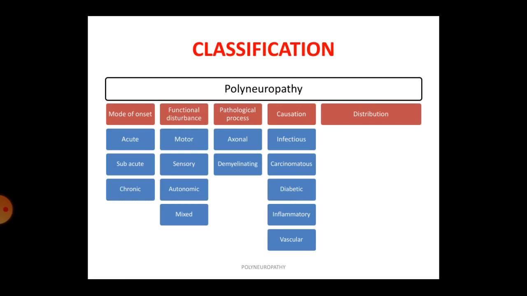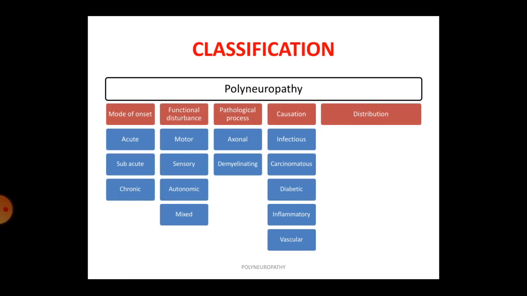Definitely if it is associated with diabetes, okay, it is diabetic neuropathy. Sometimes it is related to inflammation in the body like rheumatoid arthritis. Okay, so that is one type of inflammation. So if the neuropathy is associated with this type of inflammatory process, it is known as inflammatory polyneuropathy, like systemic lupus erythematosus.